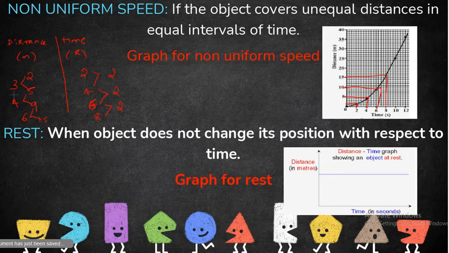See here, whatever distance is covered by this object is different at equal intervals of time, so that kind of object is said to be moving at non-uniform speed. And the graph for an object moving with non-uniform speed will look like this, a curve that is passing through the origin.